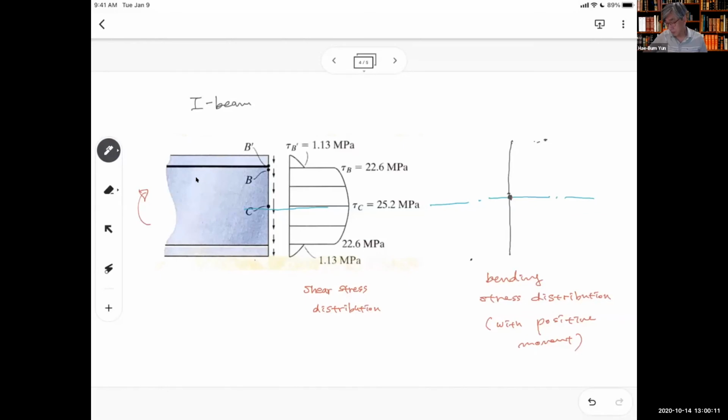One thing we want to be careful of is what happens at the interface between the flange and web. Shear stress, we have a discontinuity like this. But are we going to have the same discontinuity for the bending? This is a very important question. And in fact, we solved this problem in chapter 6.